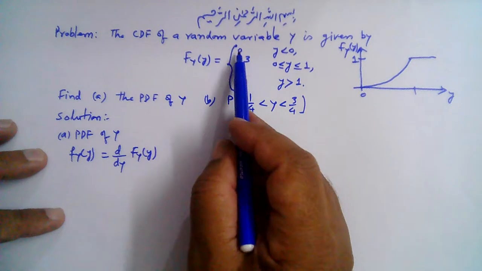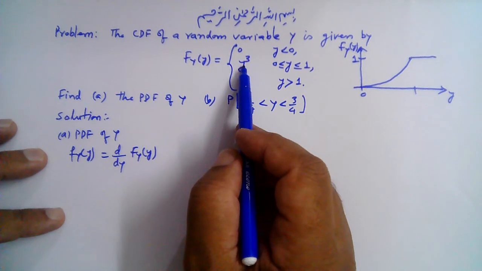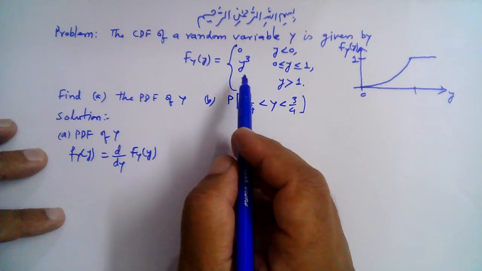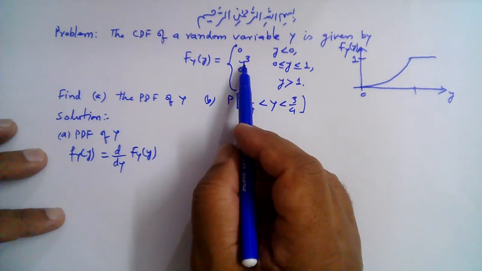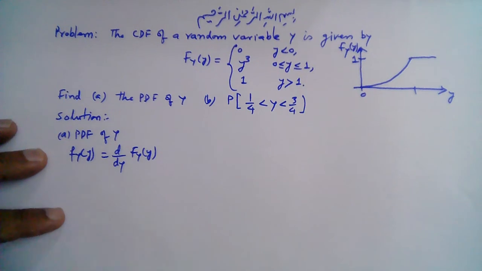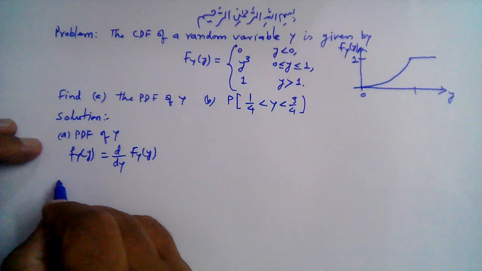If we differentiate this interval, this is 0. If we differentiate this, this is 3y squared. And if we differentiate this, this is 0. So it is 0 everywhere except for this interval where it is 3y squared, the probability density function. So we can just write it like this.